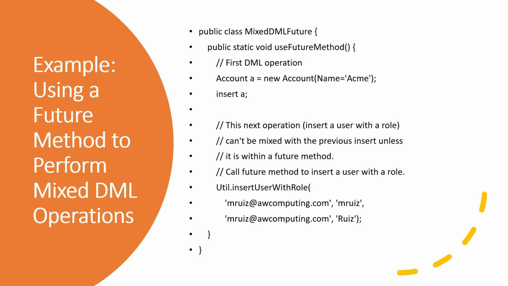In that method, we are creating a new account whose name is Acme, and we are performing an insert operation, inserting that account. And then the next step is we are calling a method Util.insertUserWithRole, and we are passing these values in that method.